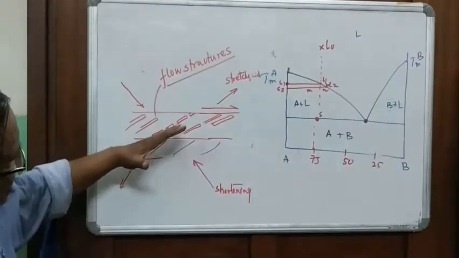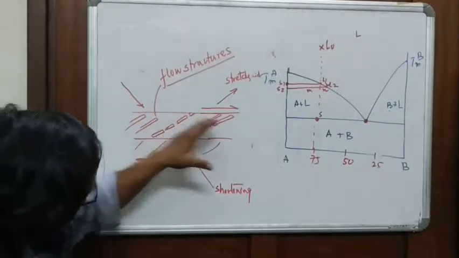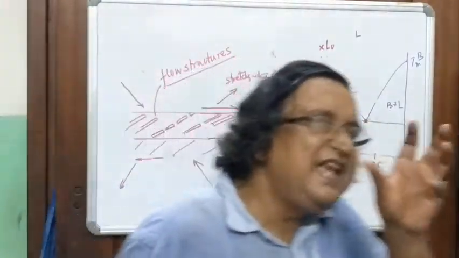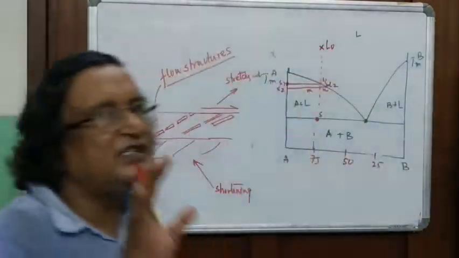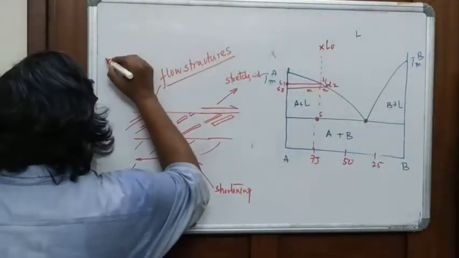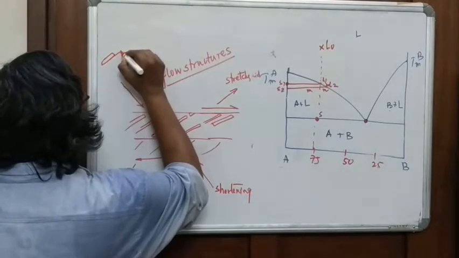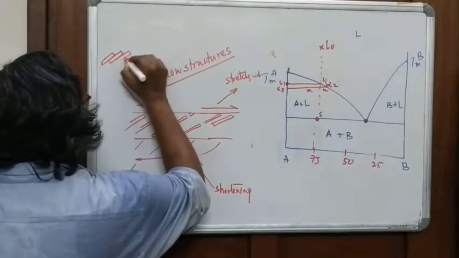So here in this case you will see this is also a porphyritic texture, but there is a difference. What is the difference? Here you will get crystals like this, like a pack of cards.